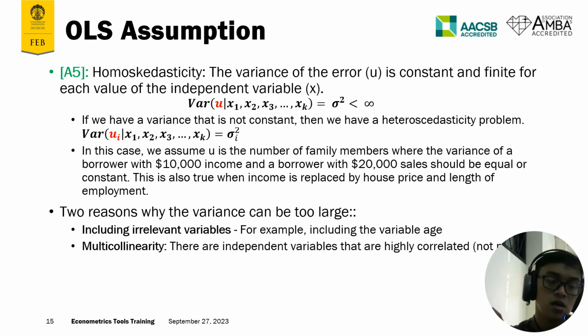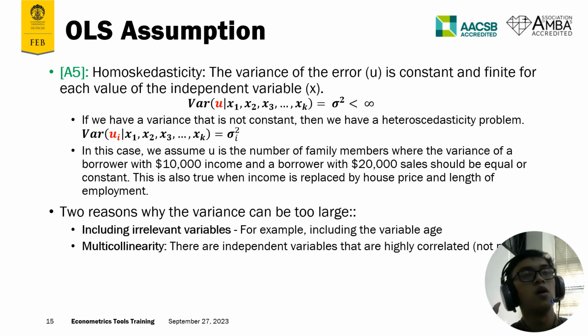Previously we learned that you can't exclude the relevant ones, so you just put every variable that you want in the model. Is it good? No, because if you include too many variables that are not relevant, the variance will increase. It's not as small as it could be, and it won't be constant.